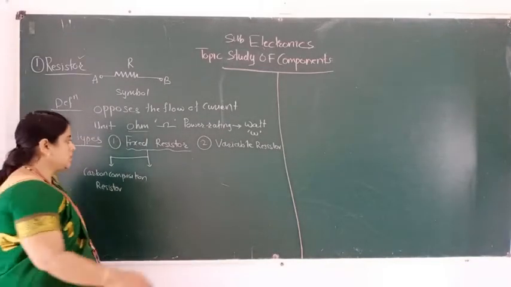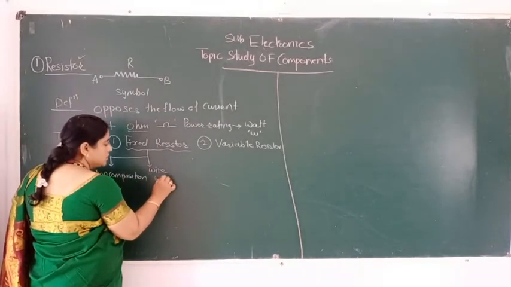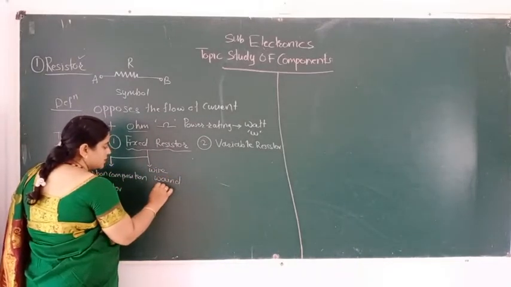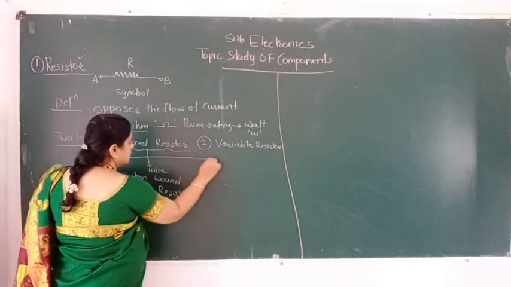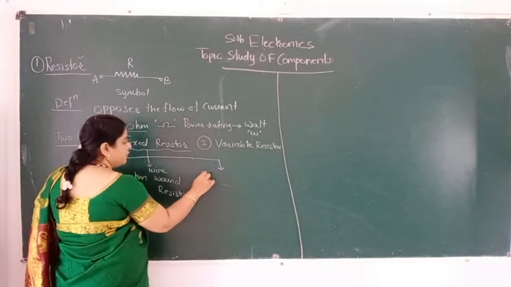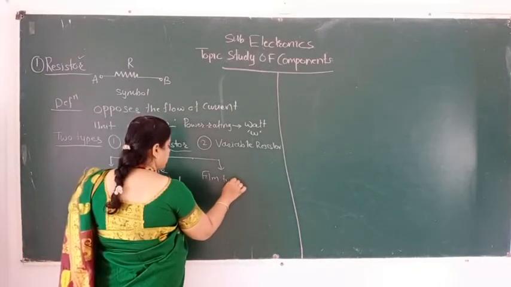Second is wire wound resistor, and the third type is film type resistor.